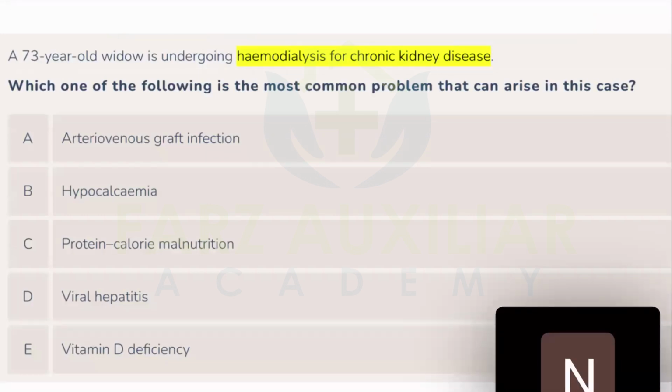Protein-calorie malnutrition, definitely. You won't need this for MRCP, but can you tell me how much protein a normal person needs, an ICU person needs, and a CKD or dialysis person needs? Is it more or less than a normal person?